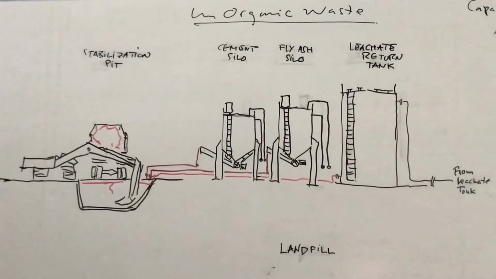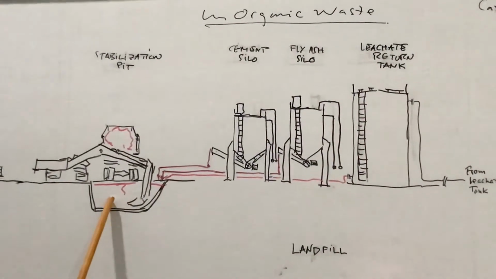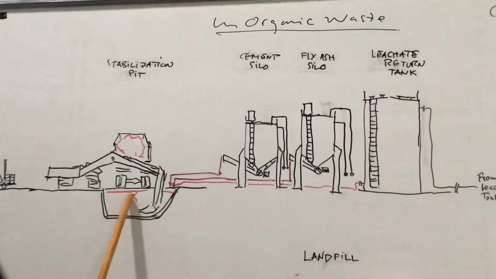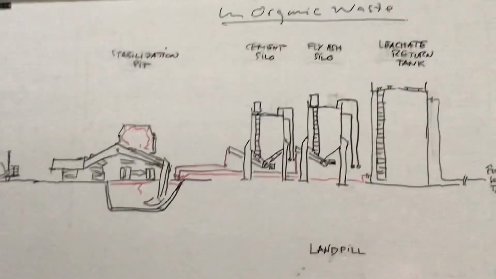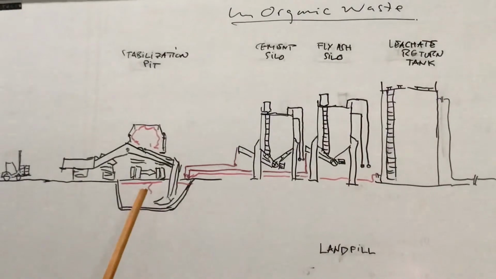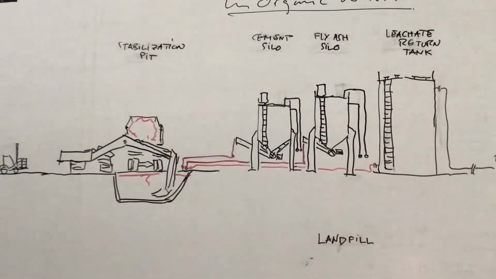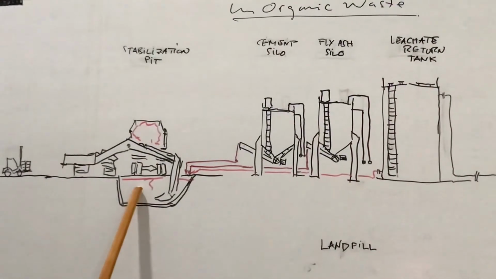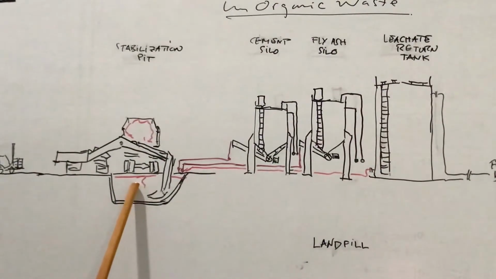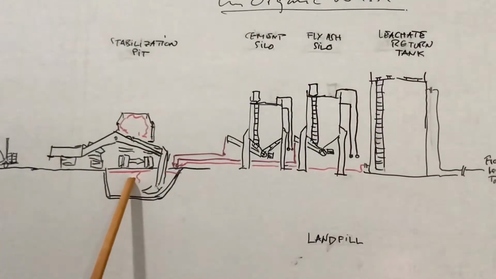So you make this waste solidified and stabilized. After it's stabilized and the pH is around 6 to 9, we can dump this waste here to the landfill.